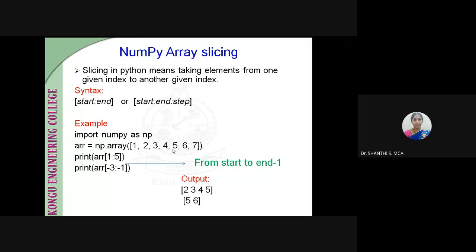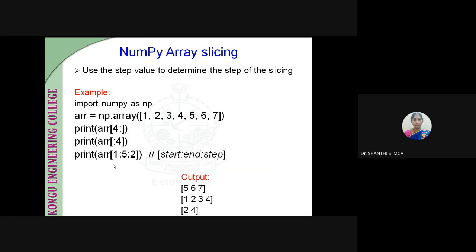So -3 means it starts from here, 5, 6, and it always ends at -1 minus 1 position, so here it ends with 6. So it will display 5, 6. Here we can use either positive indexing or negative indexing. This colon operator is used to extract part of the elements.